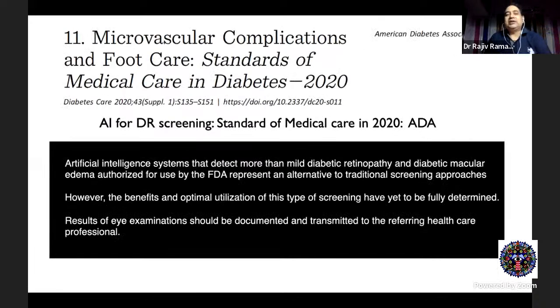In 2020, the American Diabetes Association included AI systems for detecting more than mild DR and DME. They suggested that you can use any of the algorithms which have been approved by FDA as an alternative to a traditional screening approach. They also said that these should be documented and the results should be referred to a healthcare professional.